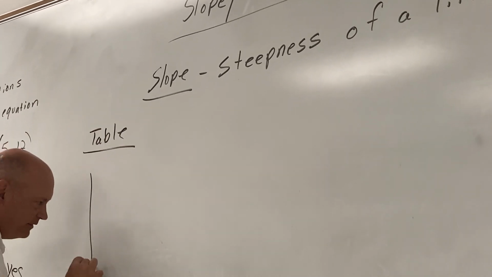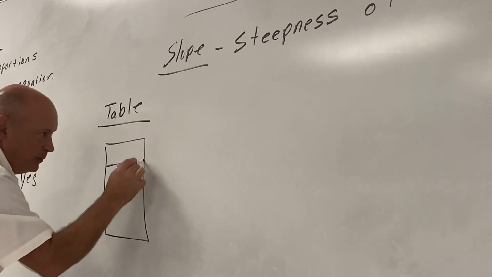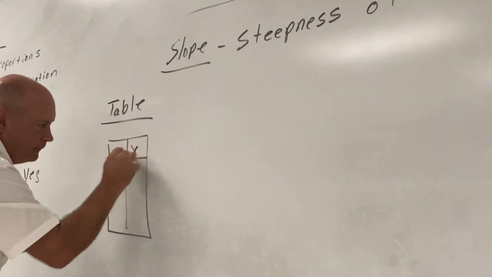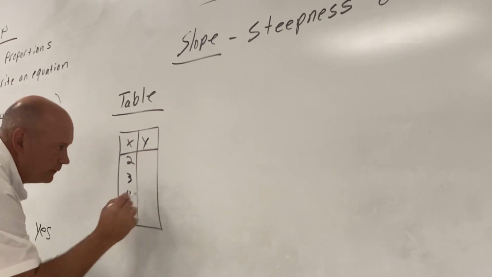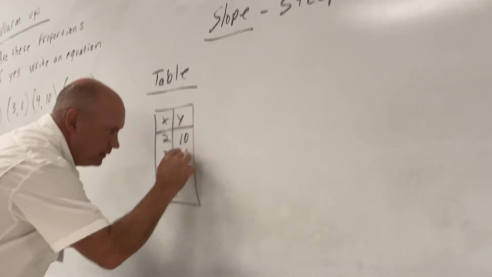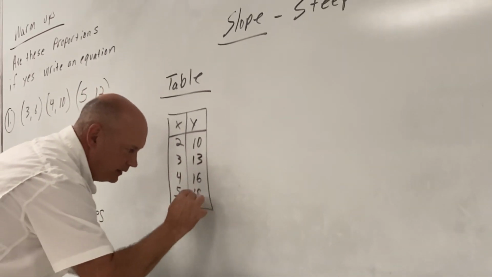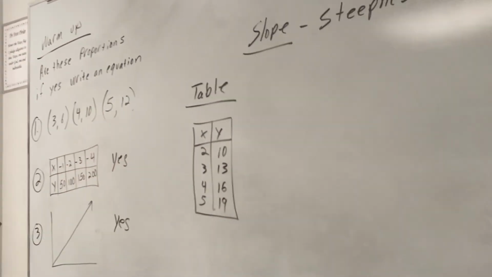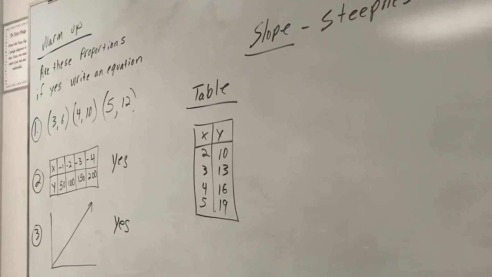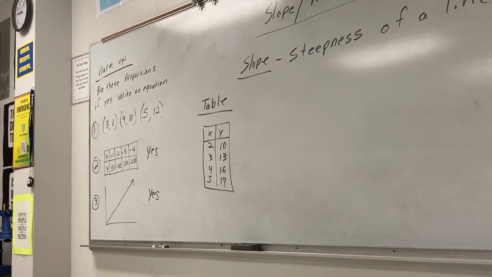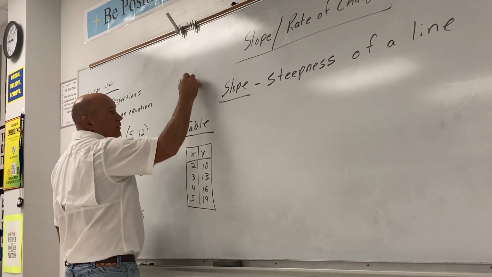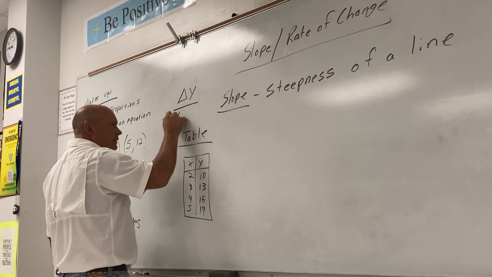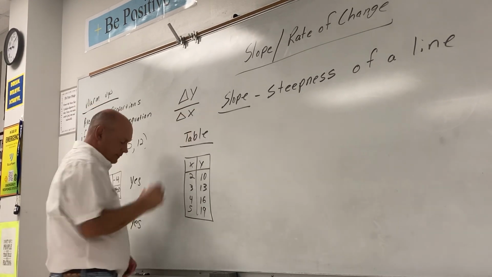So let's say they give us information in the form of a table. Let's make it easy: 10, 13, 16, 19. To find the slope from a table, you do this. We call it delta y over delta x.